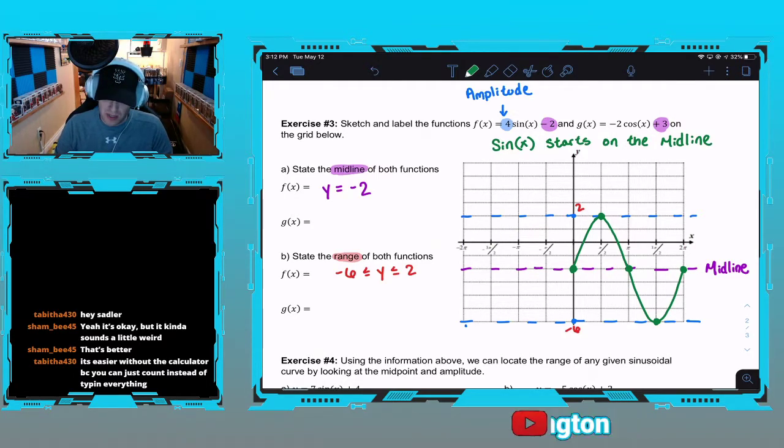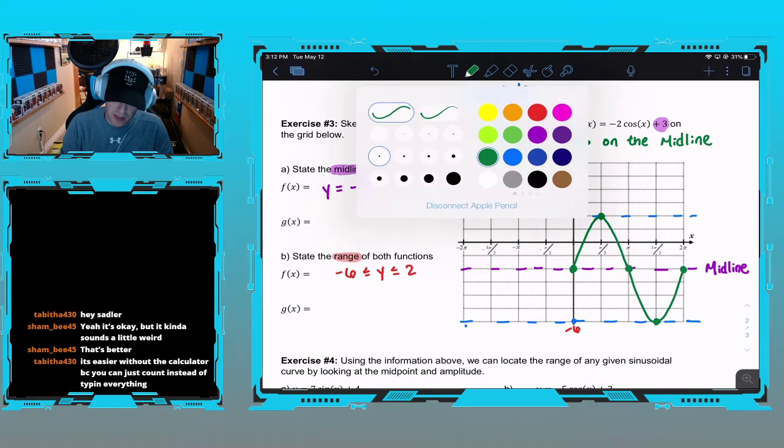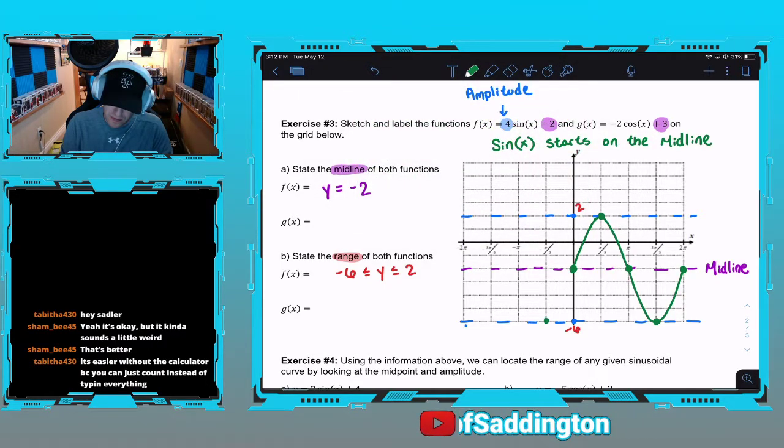So because we started here in the middle and we went up, when you go to do the negative side, you're going to go in the opposite direction. So we can't go up because then it's going to be a reflection, and we don't want it to be a perfect reflection. What this is actually doing is coming down here first, and then it's working its way back up just like it did before.